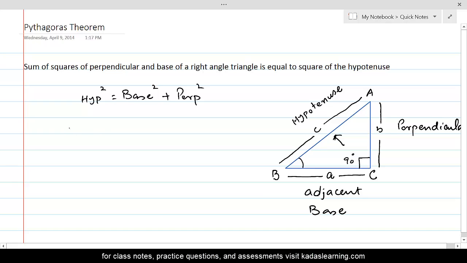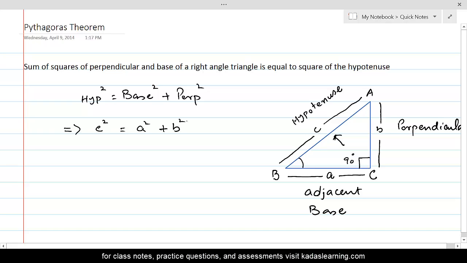In terms of symbols, we can also say it as c square is equal to a square plus b square. This is what is called the Pythagoras theorem.